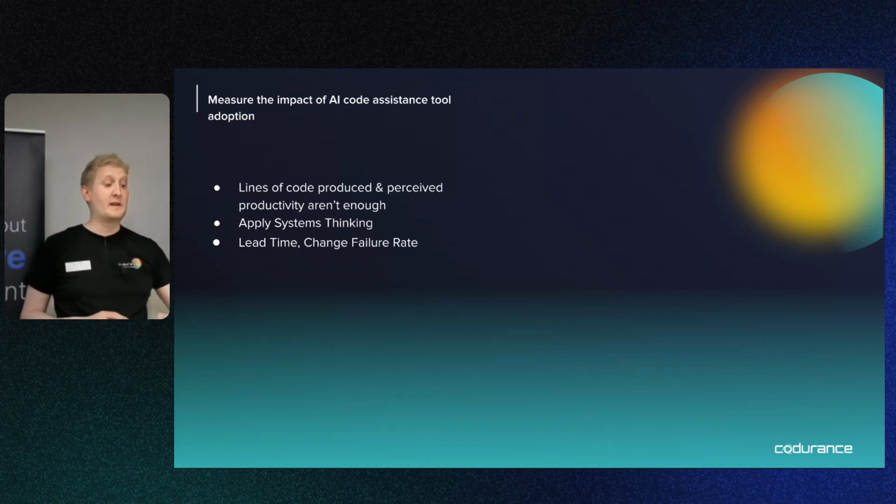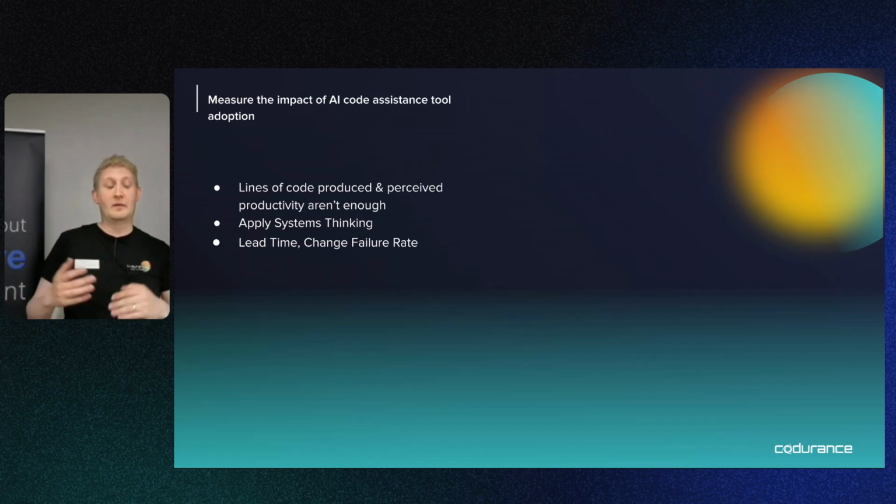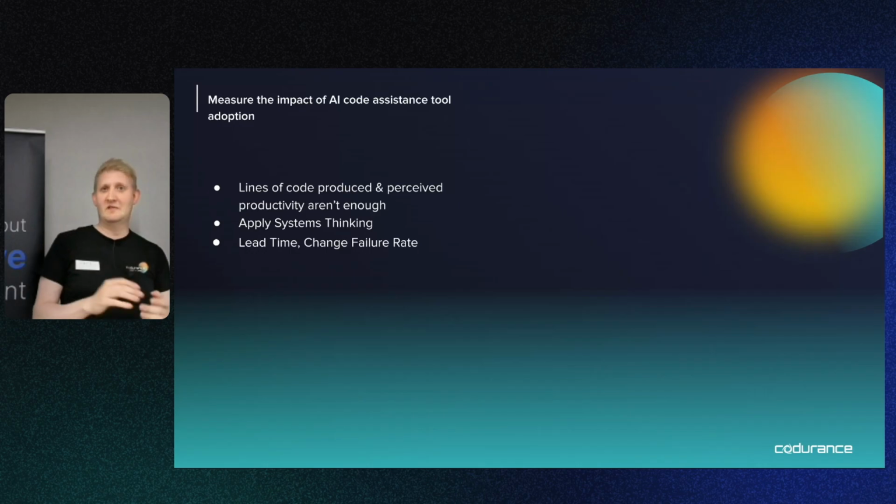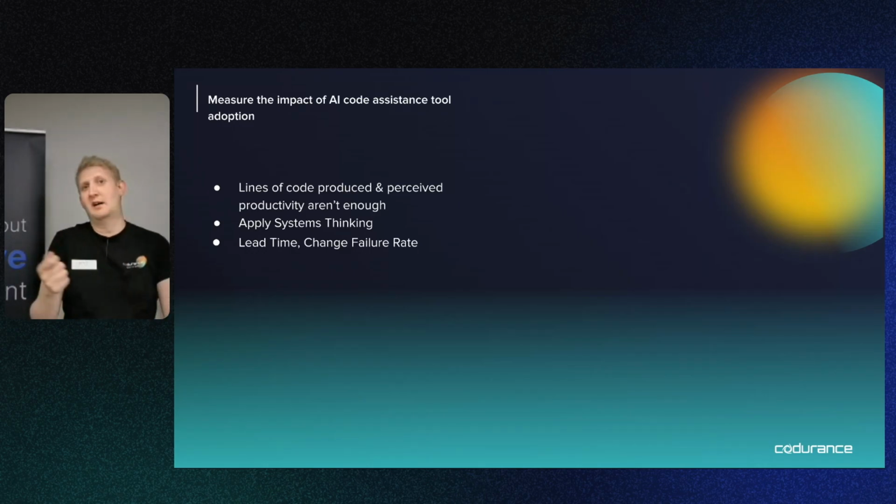So I think it's really crucial to think about how you're measuring the impact of these tools, whether that be the DORA metrics, for example, or some other metric. But the metrics should be aligned to your business goals and the wider SDLC system as a whole, not just individual productivity or lines of code.